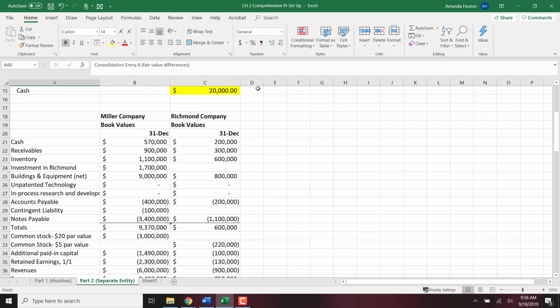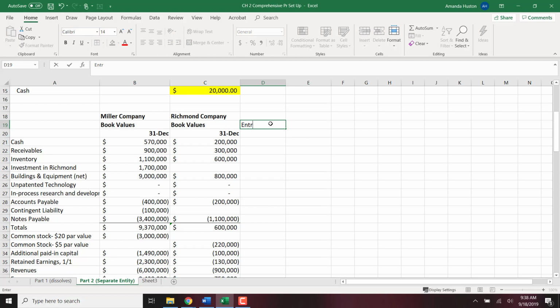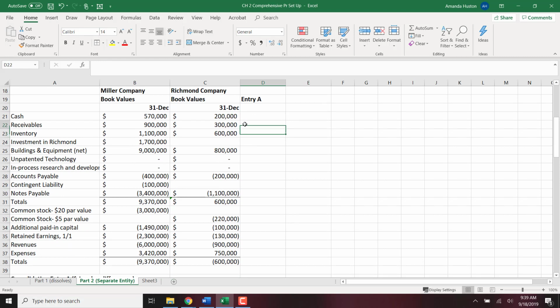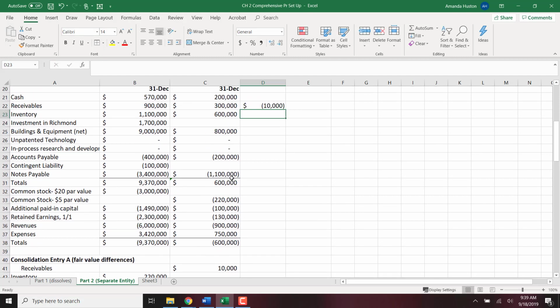So now what I'm going to do is go up here and do entry A. And so this is a negative number to receivables, right?